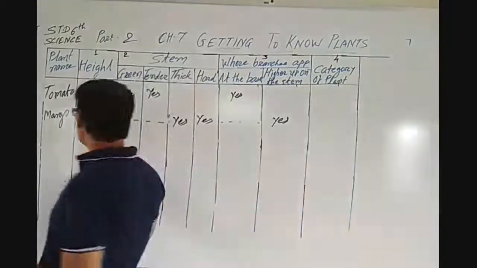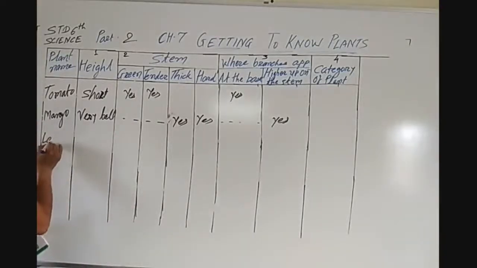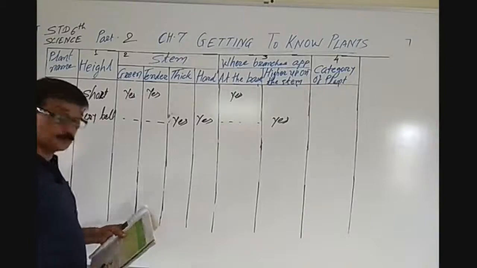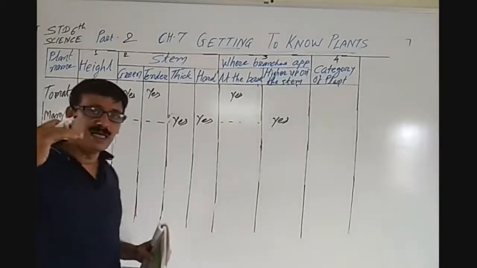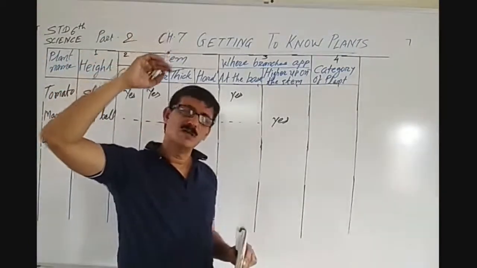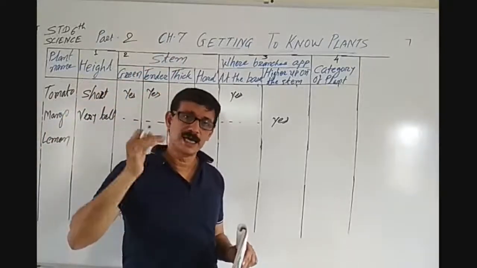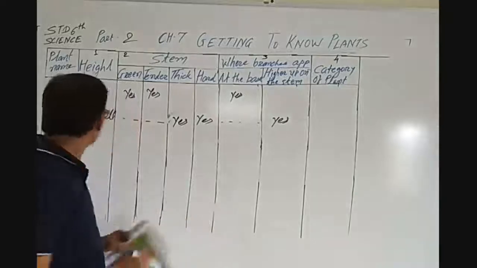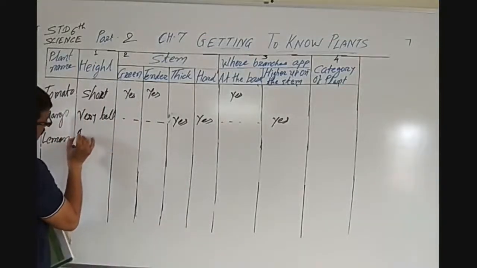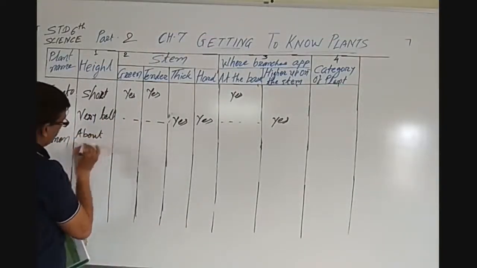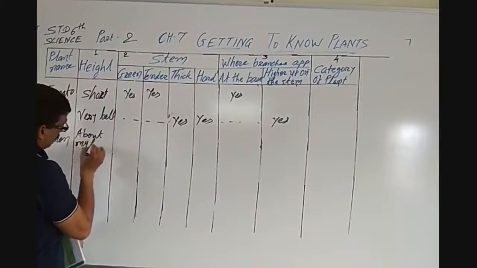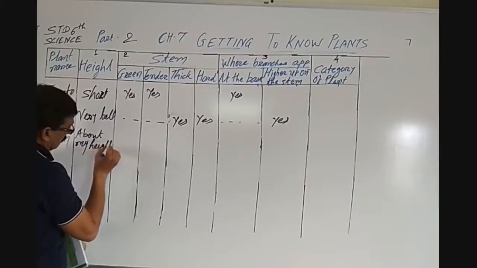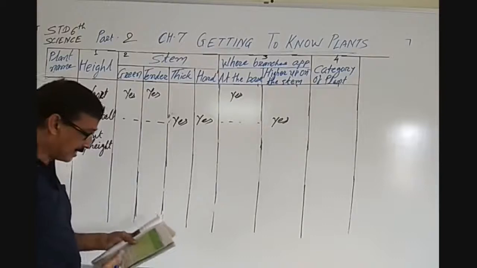Then after that, the lemon plant. I hope you must have seen a lemon plant. It used to be about our height or maximum 10 feet, 5 feet to 10 feet. So about my height.